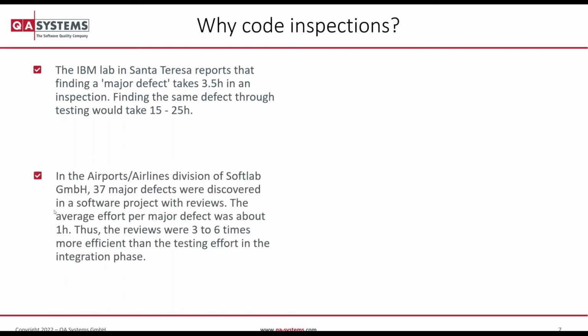Another example from Germany, an airlines division of Softlab, had a project where they found 37 major defects with reviews. The average for finding the defects was just an hour per defect. Finding the same errors in a testing phase would have taken them 3 to 6 times more time than in the code reviews.